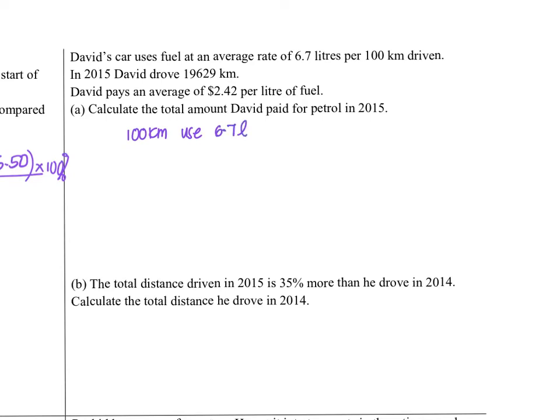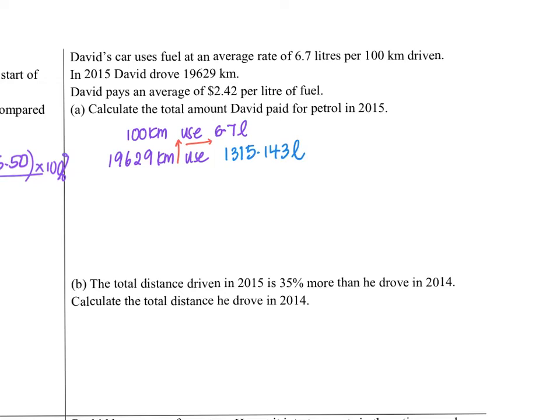Now in 2015, Dave drove 19,629 kilometers. So now they gave me a new number. What can I find? I can find the amount of petrol used, right? So how can we do that? We take this, divide by 100 times 6.7, and we get the answer in liters.